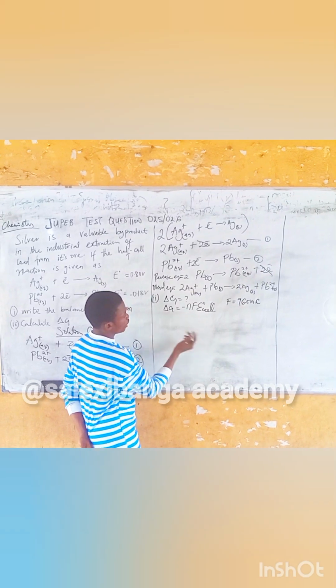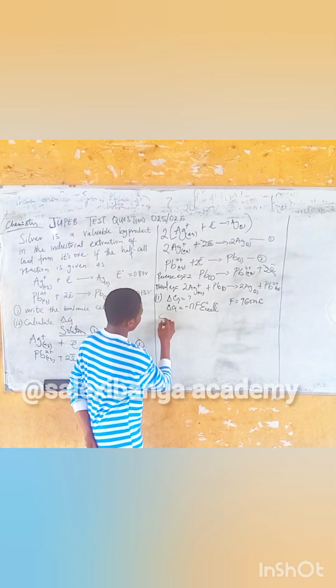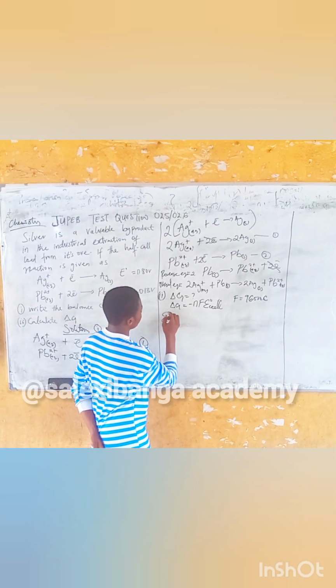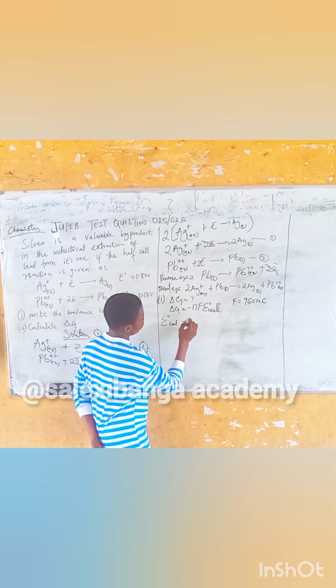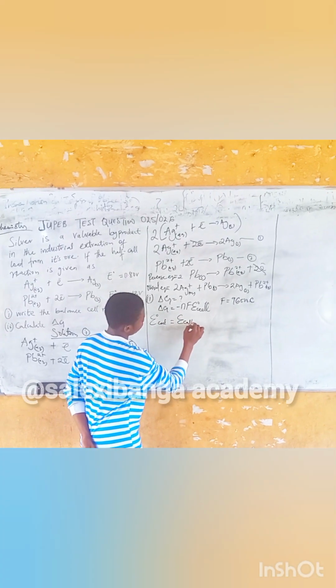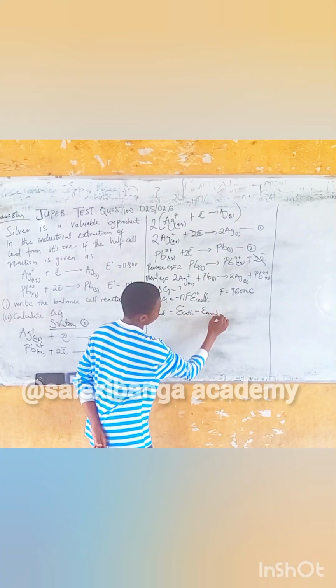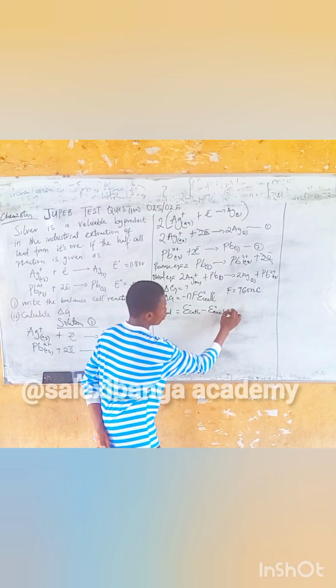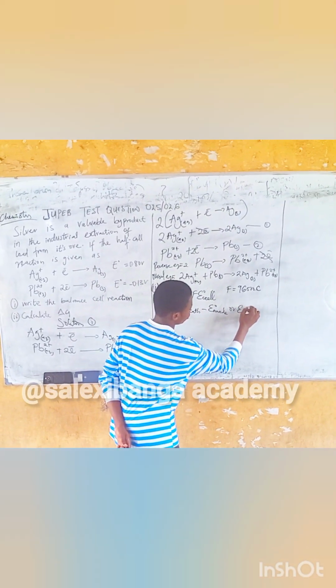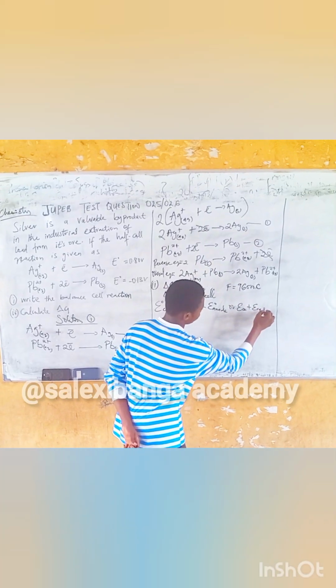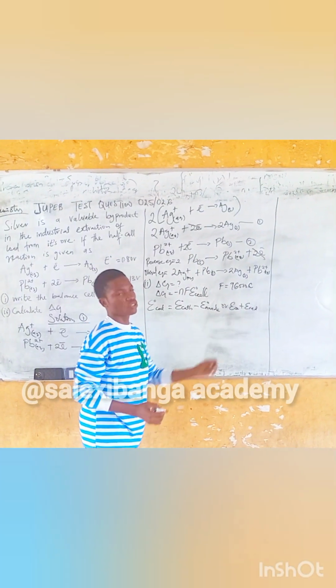This is our n. For E cell, we know that E cell equals E cathode minus E anode. Either you use this one, or you can say E ox plus E red. Any of the two formulas you use is still the same thing.